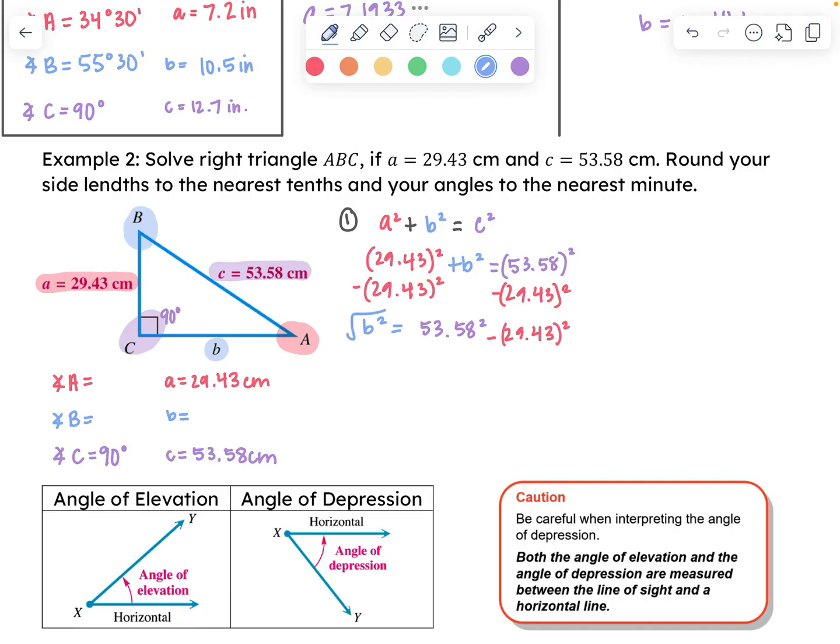And then to get b by itself, I just need to square root that. So I can plug that into my calculator. The square root of 53.58 squared minus 29.43 squared. And when I plug that in, I get that b is 44.7737-ish. So if I come over here, I would say 44.77 centimeters.